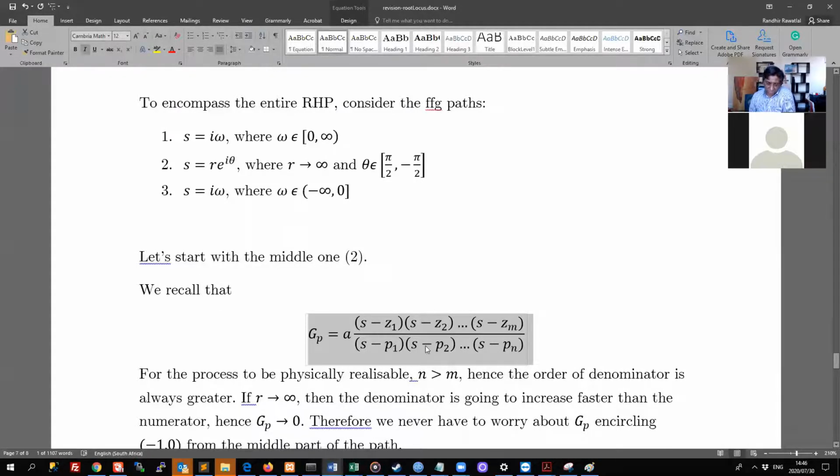So if that's the case, then as the magnitude of S increases, your denominator is going to increase much faster than your numerator. So if your denominator is increasing faster, then your value of G is going down, right? So if R then is going off to infinity, then G is going towards 0.